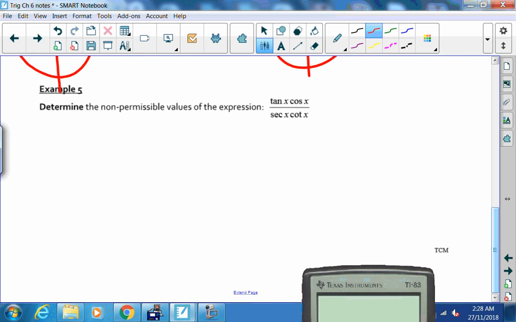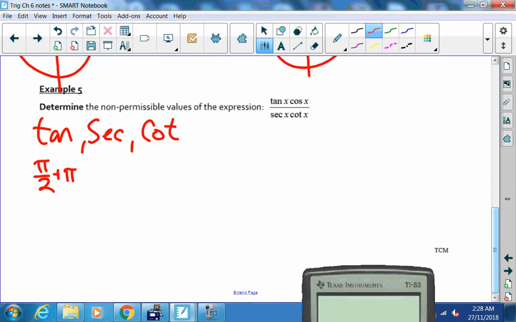Okay, so determine the non-permissible values of this expression. Right off the bat, I see that tan, secant, and cotan all exist in the question. Because I see that, I know there's a bunch of built-in non-permissibles that I'm going to deal with straight off. So tan is pi halves, 3 pi halves, etc., or pi halves plus pi n.